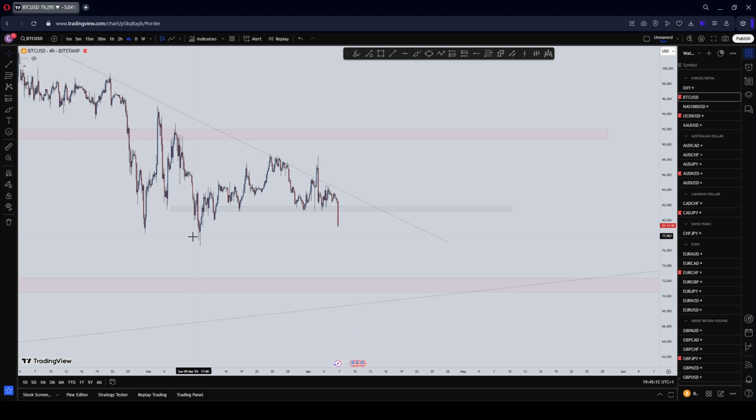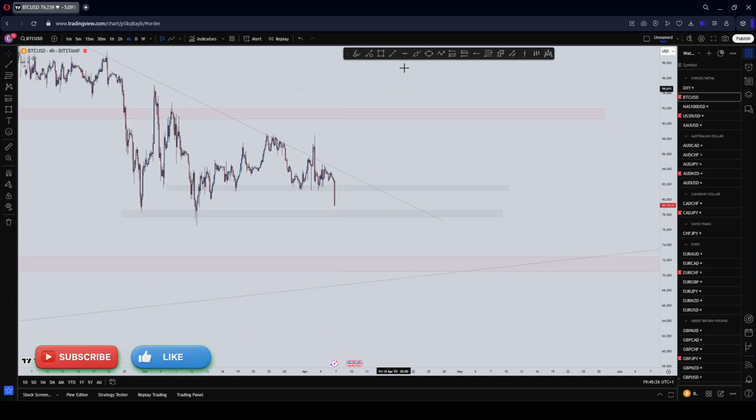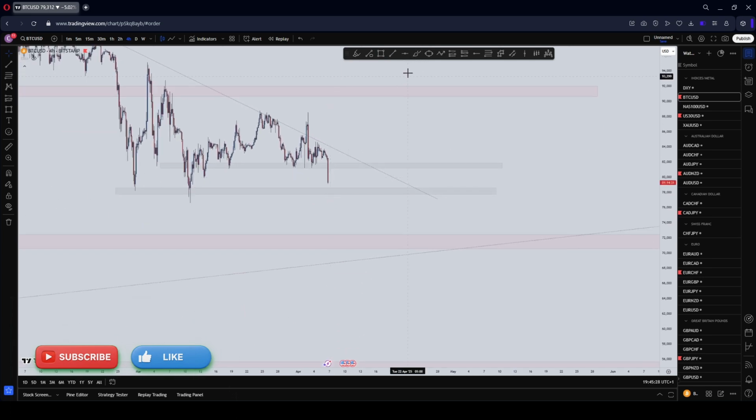Price can now come here and refuse to break these small levels. So the safer option will be for price to completely break these zones and you look for the retest here into this key level.